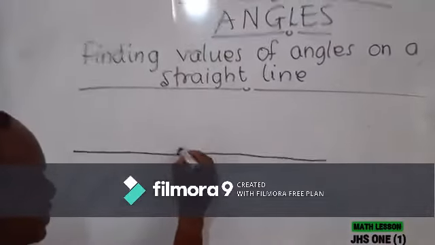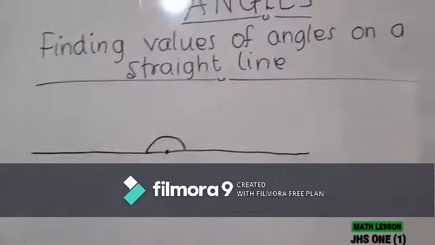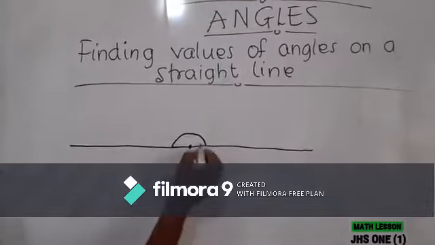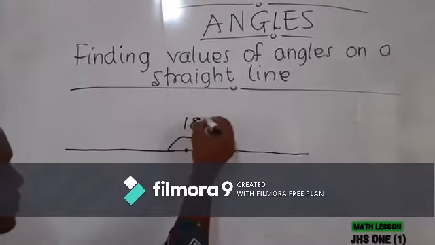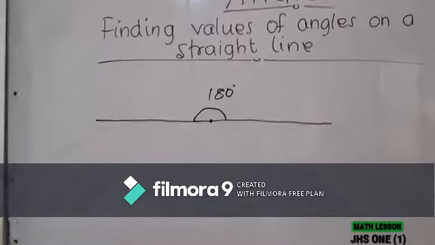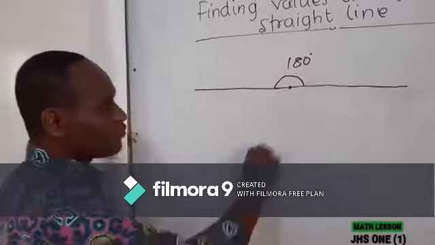And therefore we get an angle. So this is what we call the straight angle. Now the value of this straight angle is 180 degrees. And therefore any straight line that you come across, if you want the value for the angle, you say it's 180 degrees.